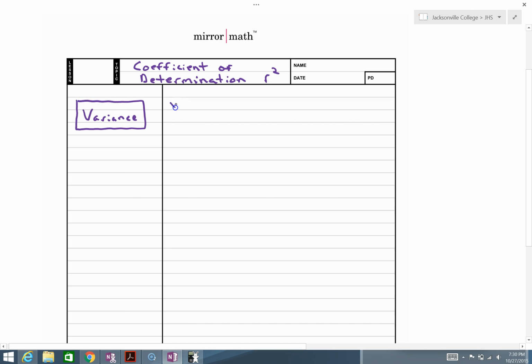Variance is the square of standard deviation. And much as standard deviation is a measure of spread, variance is a measure of spread.